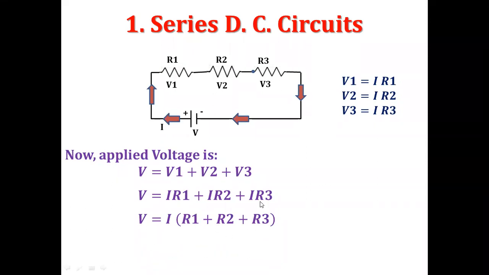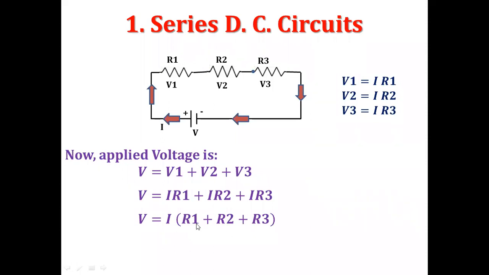According to Ohm's law, V equal to what? V equal to IR. So here the V is nothing but the total applied voltage. I is the total current. This R1 plus R2 plus R3, we can place as RT.